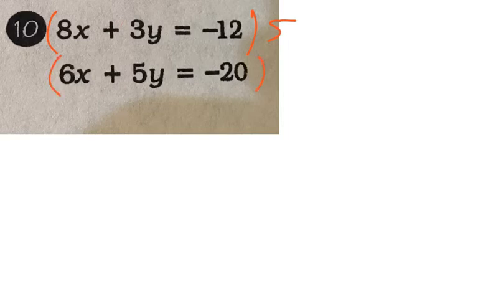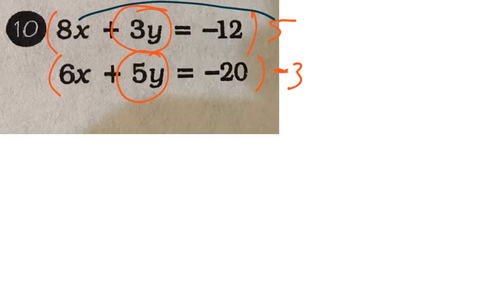And then the second equation, I'm going to times by -3. Because if I can make that -15 and this becomes +15, it's going to cancel out. So follow along here. 5 times 8 is 40x. 5 times 3, 15y. 5 times -12 means I have an equals -60.